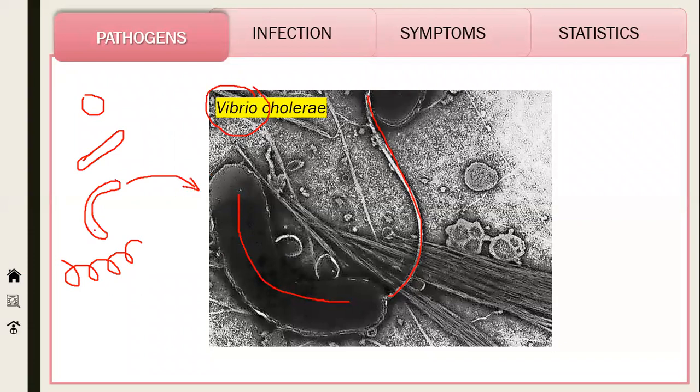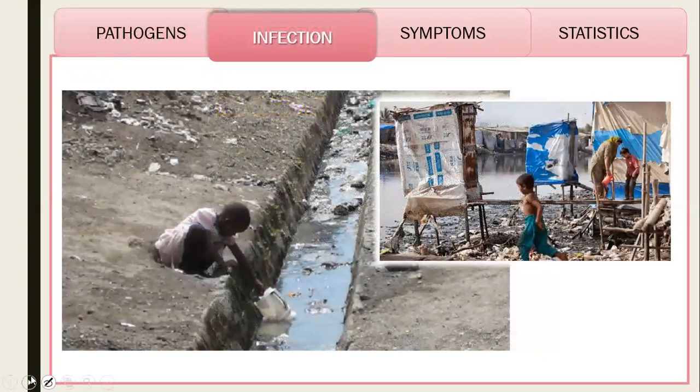How do these bacteria enter the human body? So let us look at this. When we look at these two pictures, especially the first picture, we can see a child taking water from a dirty place.